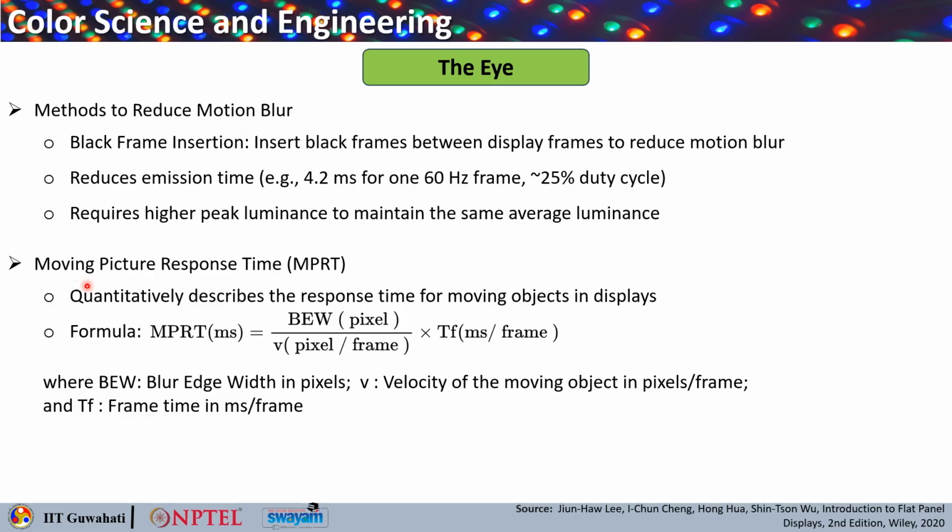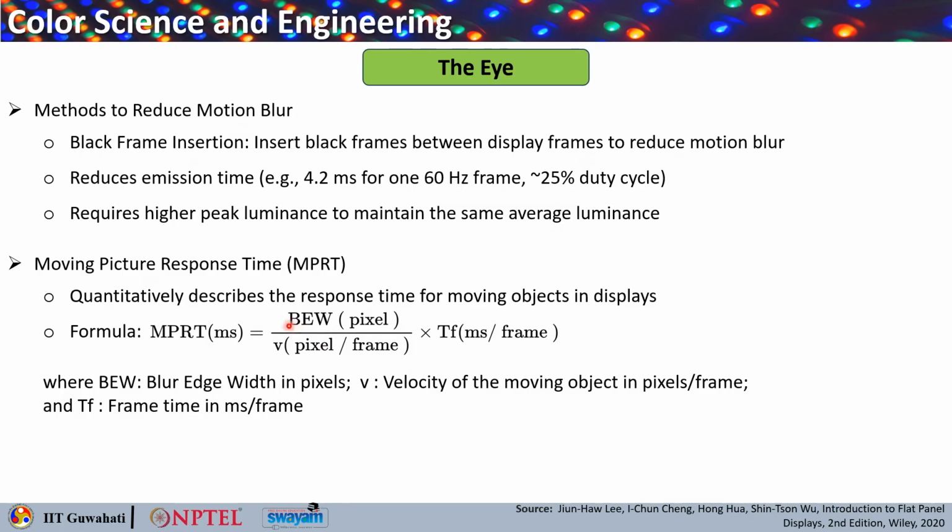Another aspect is the moving picture response time, that is MPRT. This quantitatively describes the response time for any moving object in a display. There is a formula that allows you to calculate this MPRT.